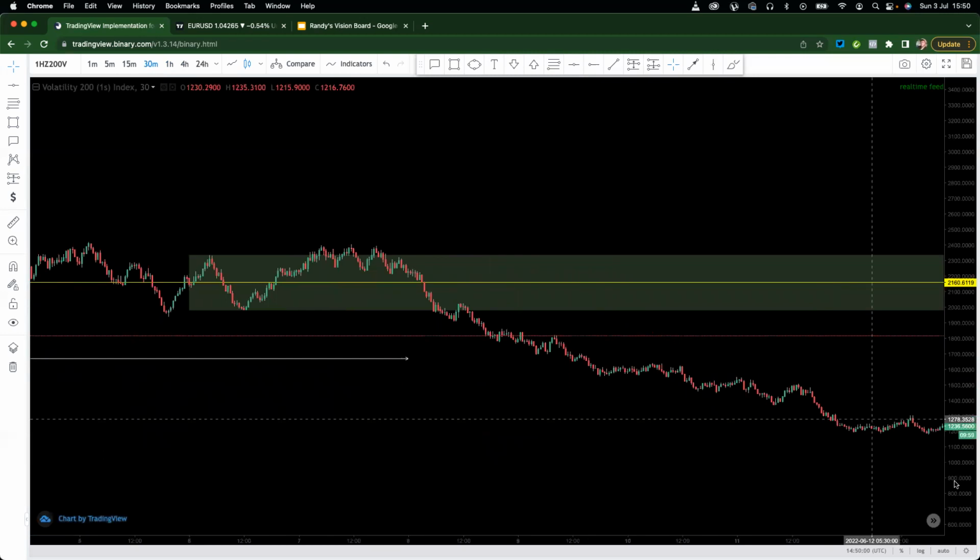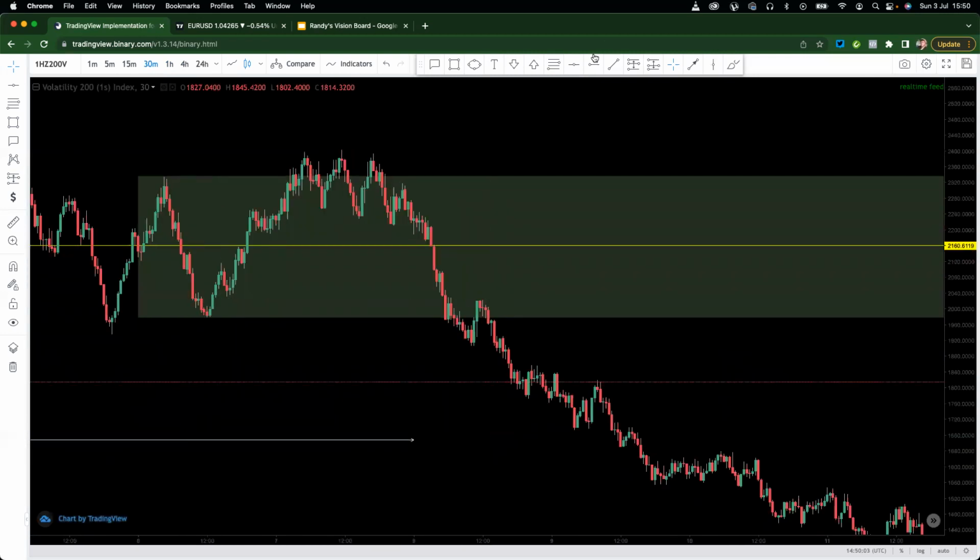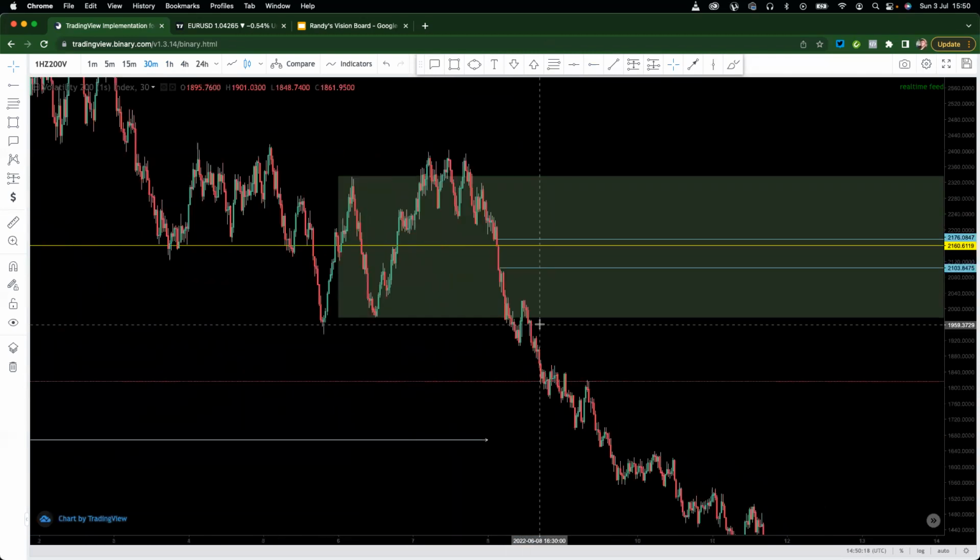In this case there is. So what I'll do is mark my imbalances like this. I know that's an imbalance because it's an area where there were only sellers, no buyers, nothing. It's just sellers' presence. Usually this becomes a point of interest.